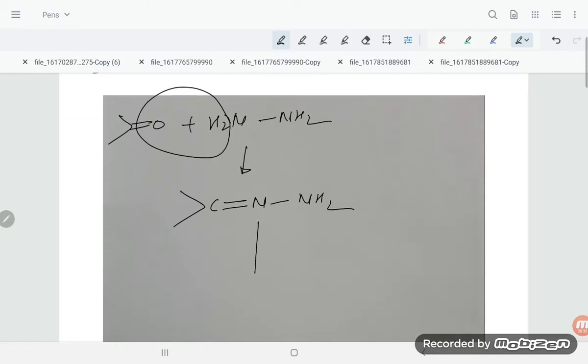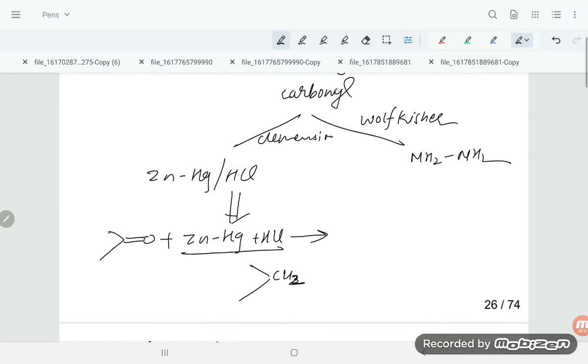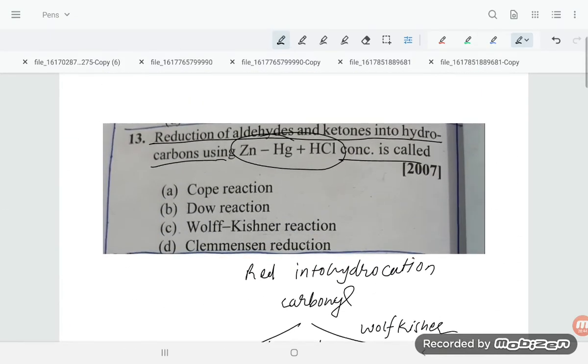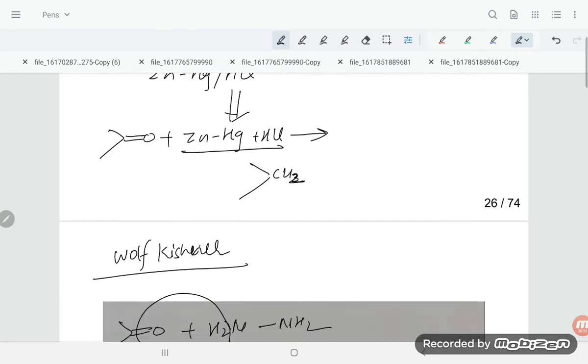And then minus N2, student. So that will be CH2, this group will come. The Clemmensen reduction is involved in this process, because you are using zinc amalgam. So that is known as Clemmensen reduction. Option number D is correct.